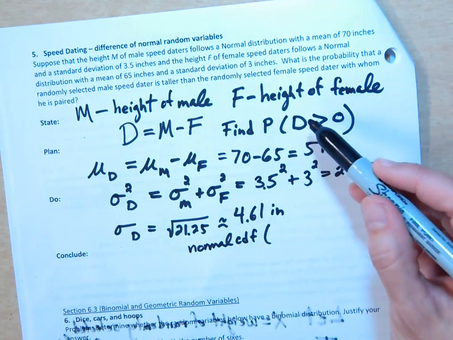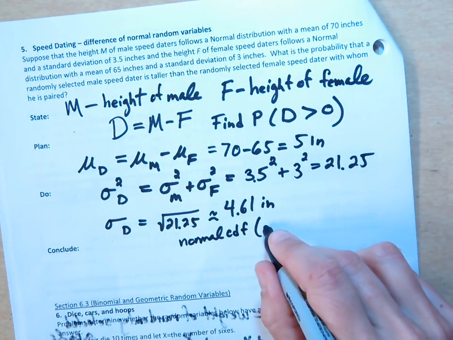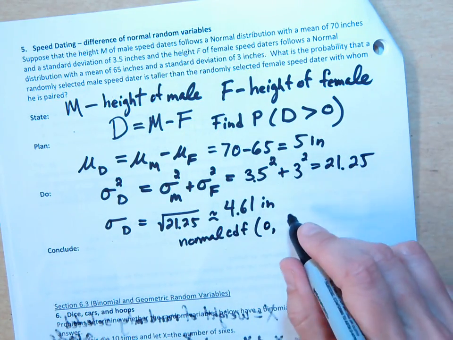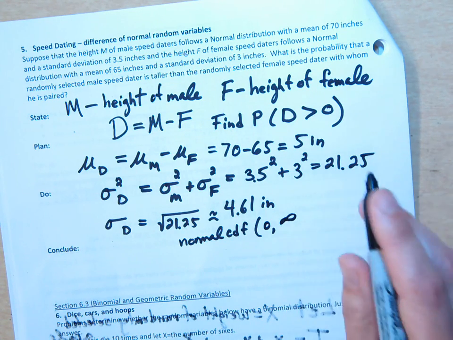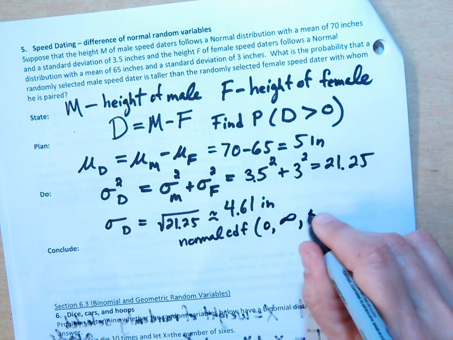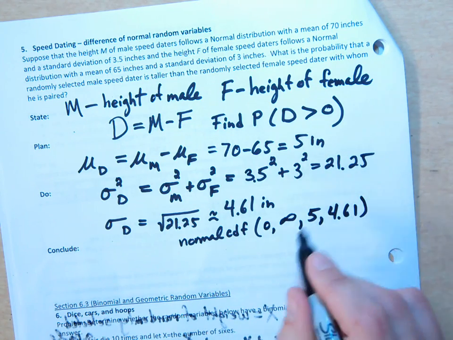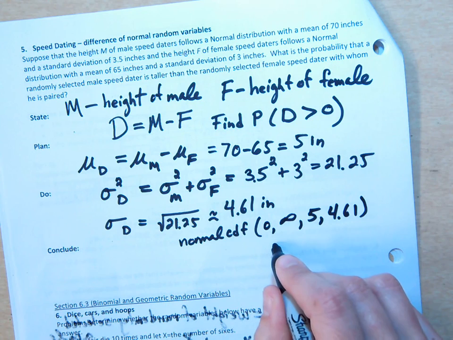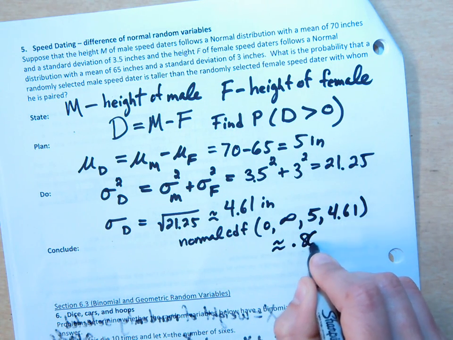We want to know the difference greater than 0, so the lower bound is 0, upper bound is 8. Yeah, a big number. And then 5 for the mean and 4.61 for the standard deviation. Make sure you can do this.